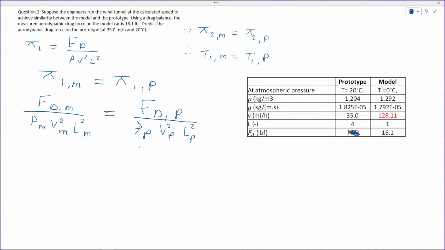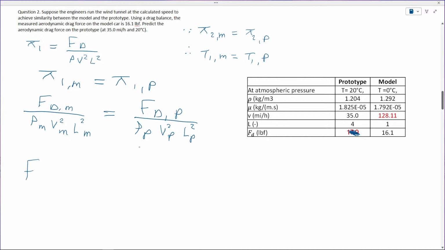We have the drag force of the model that is giving 6, or even before we do this, let's just do what we did in the previous example and arrange the terms.